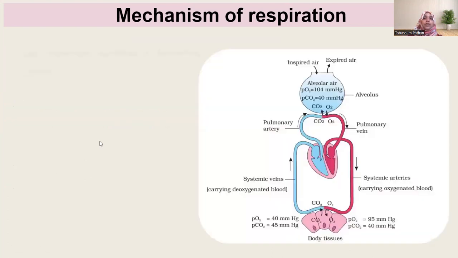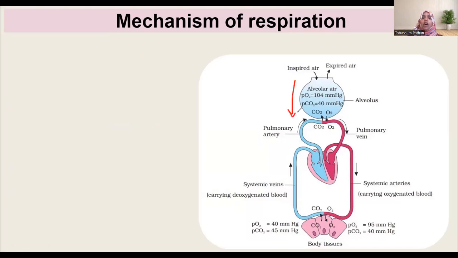Okay, so as you can see in this diagram over here, when you inhale, partial pressure of the oxygen is more as compared to the carbon dioxide in the alveoli. This is the alveoli. Okay, the inhaled air partial pressure of oxygen is more and carbon dioxide is less.